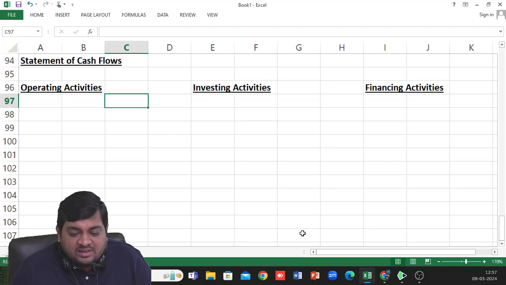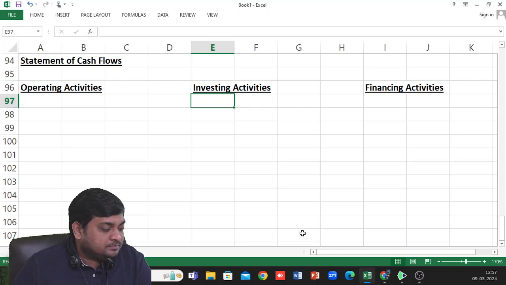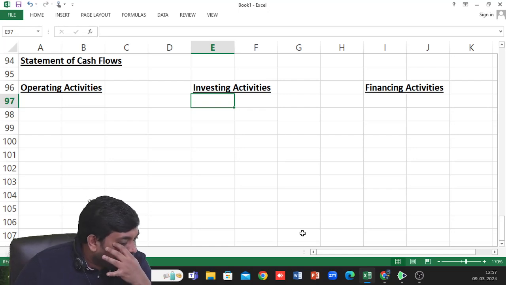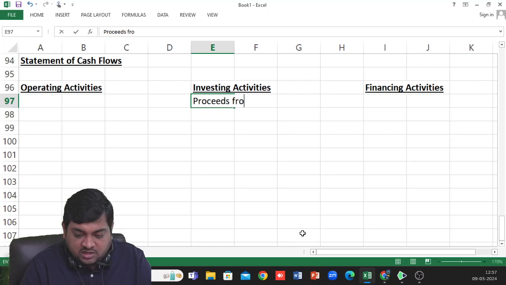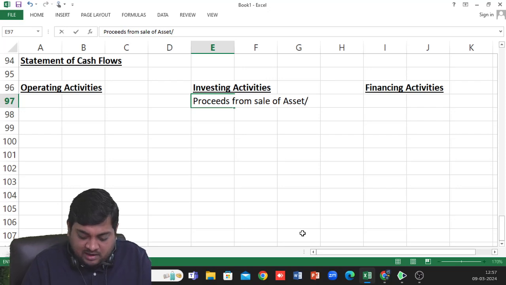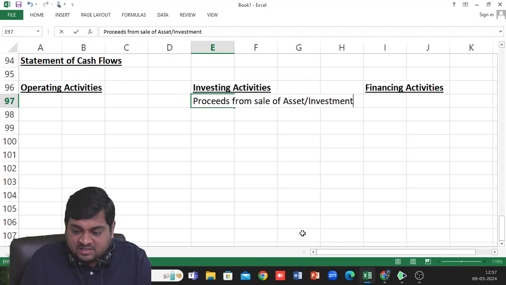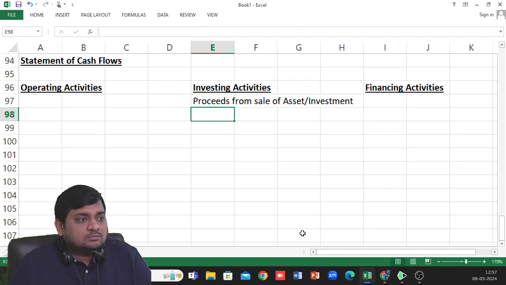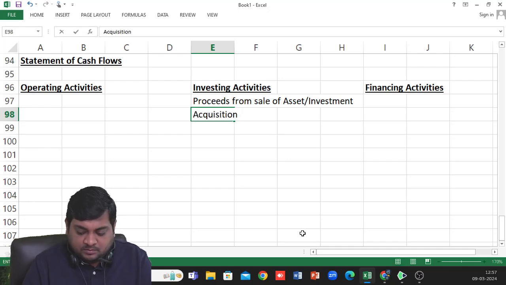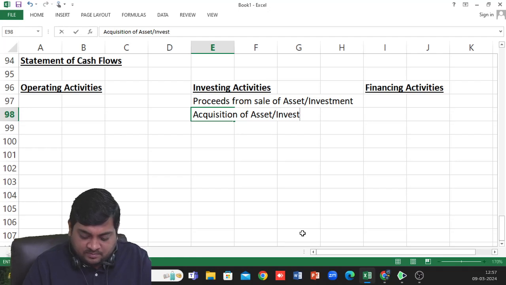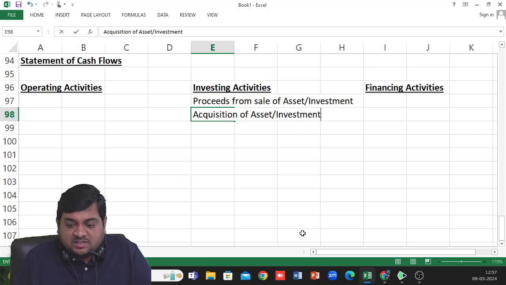Now when I talk about investing activity, proceeds from sale of asset or investment. This was normal. In case of profit entities also this was it. Acquisition of asset or investment.